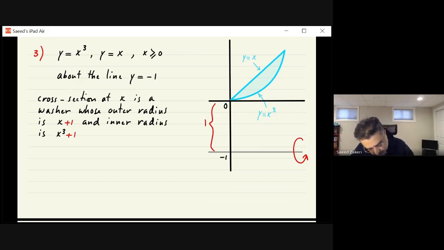And therefore, A of x, which is the area of that washer, would be pi x plus 1 squared minus pi x cubed plus 1 squared.